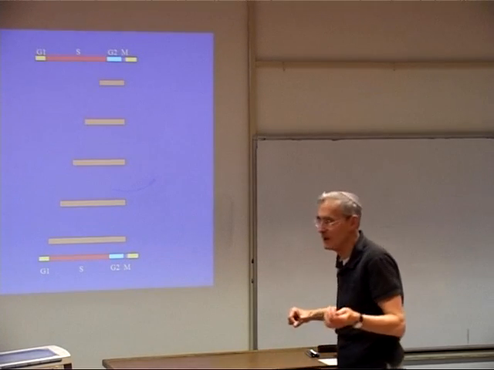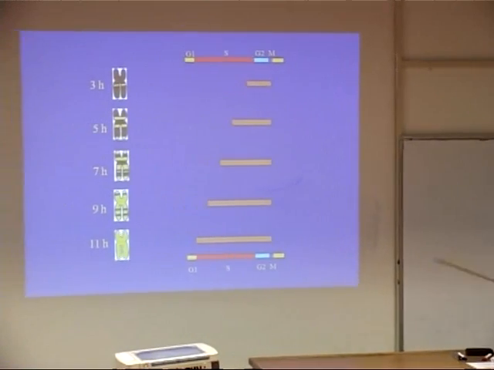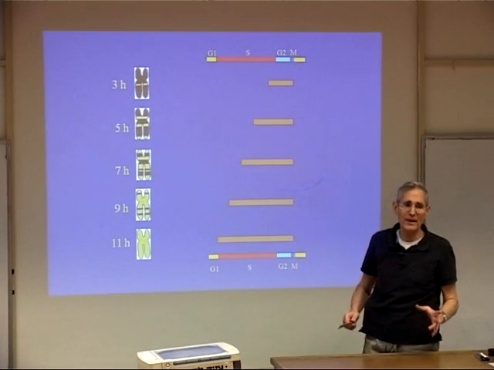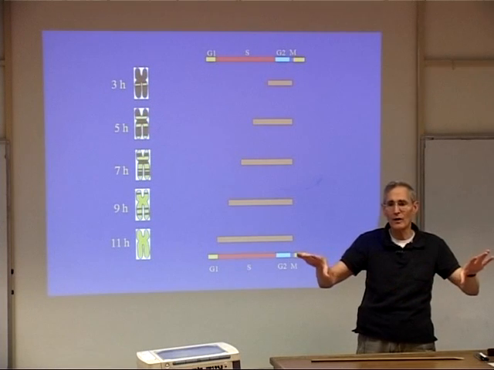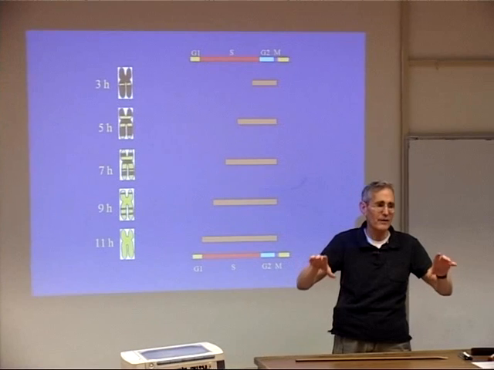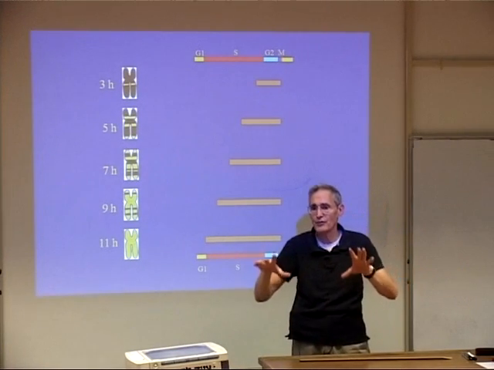Okay, so first, a couple of important facts. If you take a look at the genome, it turns out that it doesn't undergo replication equally all over the chromosomes, all over the genome. Rather, different regions of the genome undergo replication at different times.